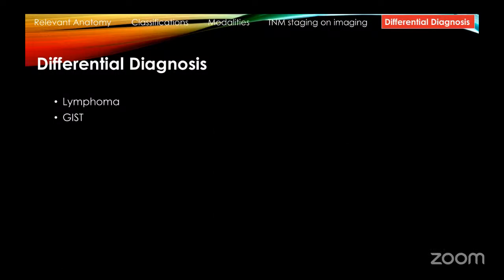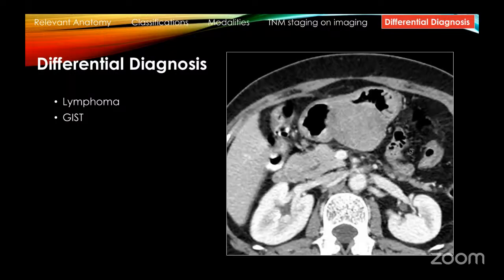The second most important differential is a gastrointestinal stromal tumor or GIST. The typical characteristic of that is that it is a very well defined tumor and it is predominantly exophytic. So it's not really a tumor in the lumen, or it may just protrude into the lumen, but it's predominantly exophytic.